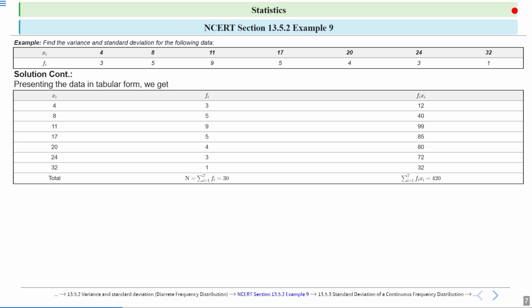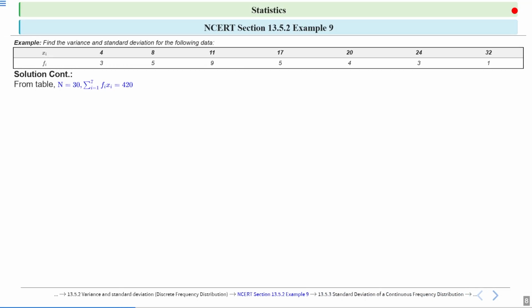At the bottom of the table we calculated n equal to summation fi from i equal to 1 to 7, and the total is 30, and the sum of fi xi from i equal to 1 to 7 is 420. From the table, we have n equal to 30 and the sum of the products of each fi and xi is 420.